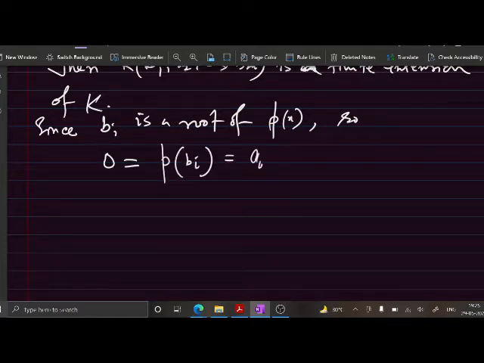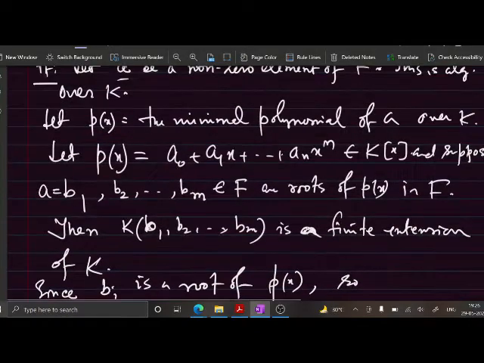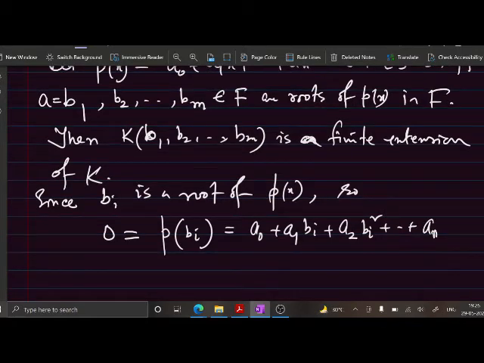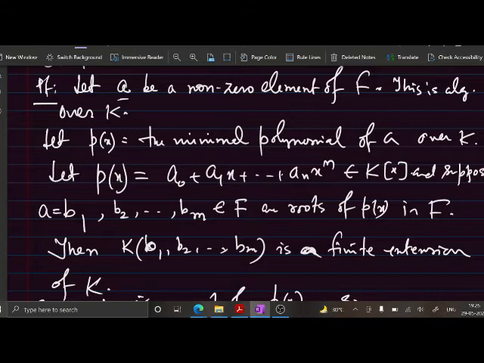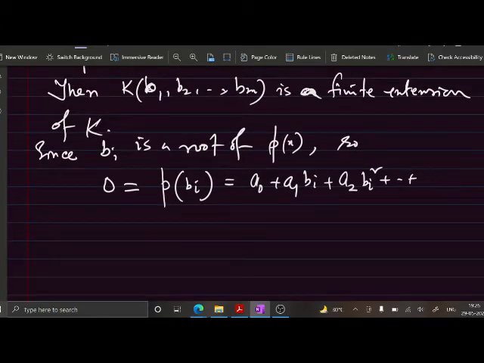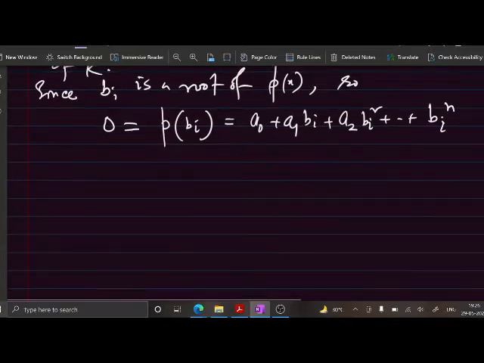So therefore it is a0 plus a1 bi plus a2 bi square plus ... I'm sorry, I should write it as, since it is minimal, so it is a monic polynomial, so it should be bi to the power n.